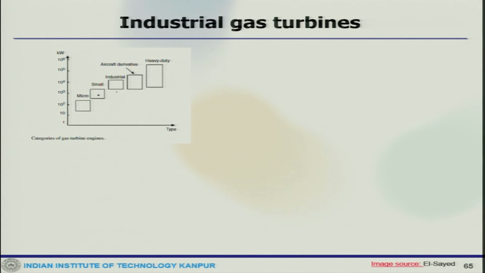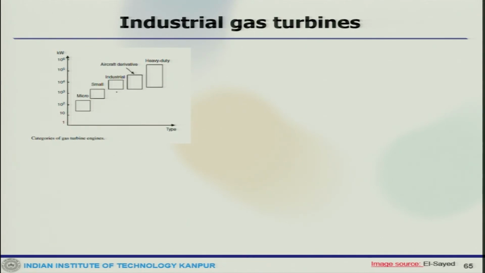Then there are industrial type gas turbines, ranging from 2.5 to 15 megawatt, used extensively in petrochemical plants for compressor trains. Small gas turbines have a power output of 0.5 to 2.5 megawatt. Micro turbines have seen dramatic growth since the late 1990s.